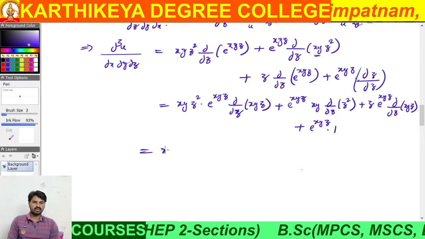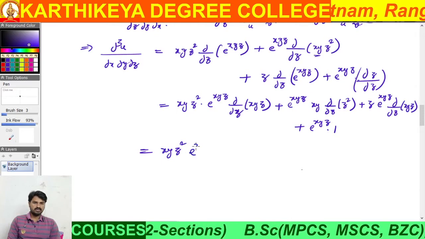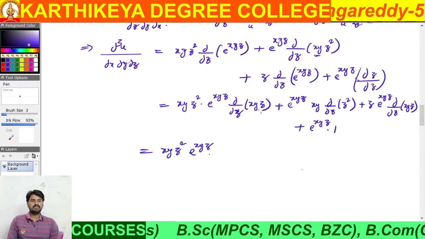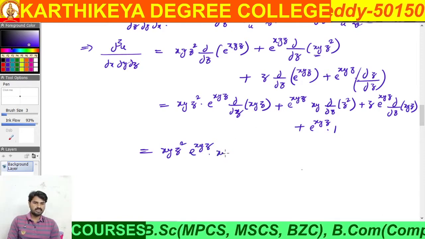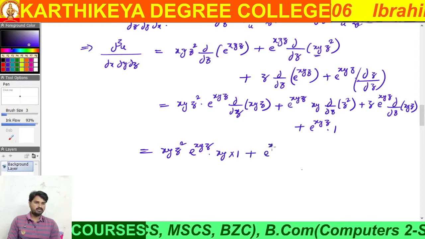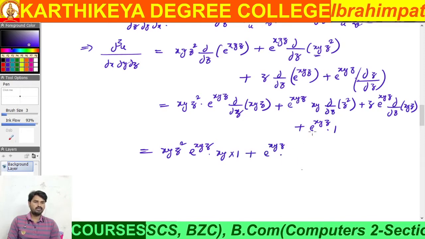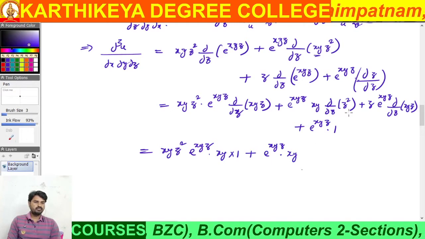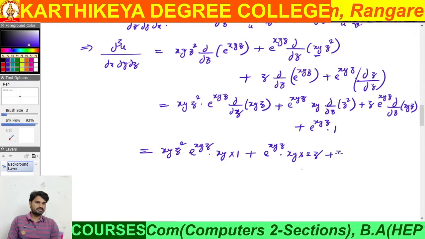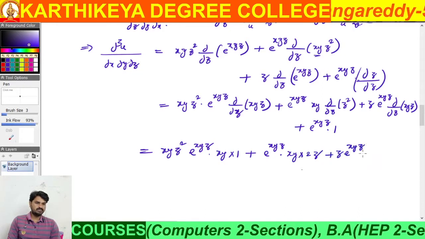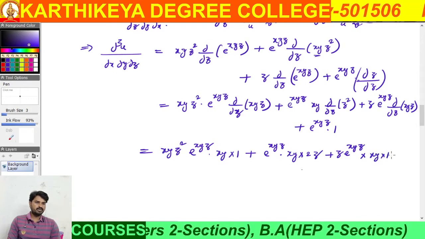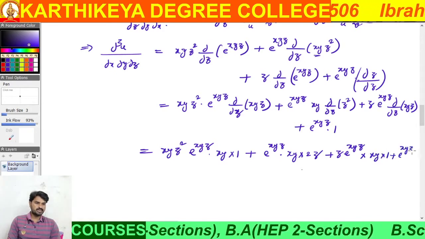Now you can write xyz² e^(xyz) into the derivative of xyz with respect to z, which is xy into 1, plus e^(xyz) into the derivative of z², which is 2z, plus z e^(xyz) xy plus e^(xyz).